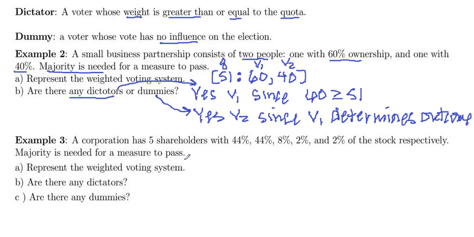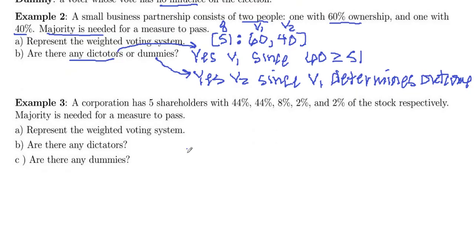Let's look at another example with more voters. Here we've got 5 shareholders, and they've got 44%, 44%, 8%, 2%, and 2% of the stock. So that's 44 votes out of 100, 44, 8, 2, and 2 out of 100. A majority is needed to pass. So represent the weighted voting system. We first do the quota. There's 100 votes total because we're talking percents.